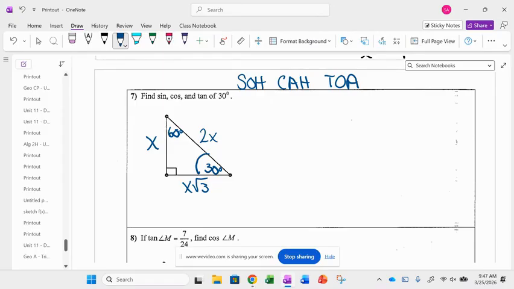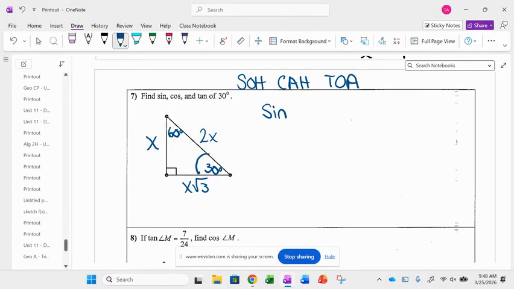I don't believe you don't remember. Is sine SOH, CAH, or TOA? So what are those two letters? Look at it. What are the three letters in SOH? Yeah, S-O-H. What is the S? The S is the sine. What is the O? What's the H?